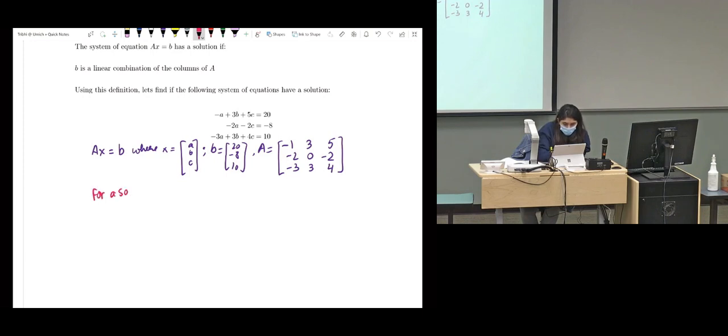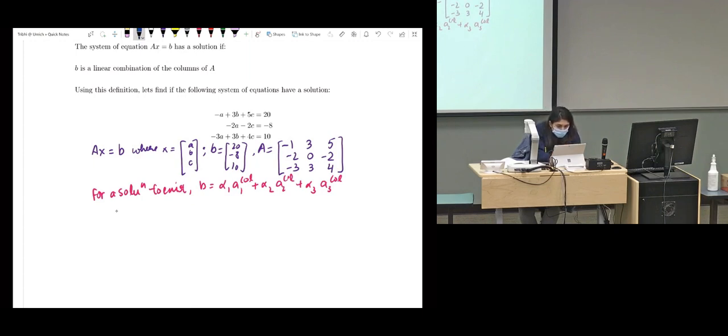For a solution to exist, we say B is equal to alpha 1 times the first column of A plus alpha 2 times the second column of A plus alpha 3 times the third column of A. What does that mean when I write it down?